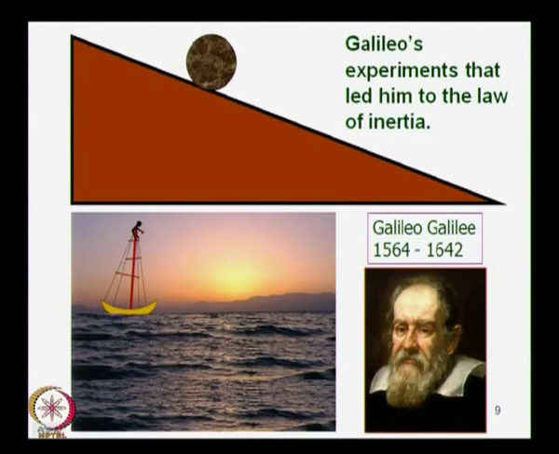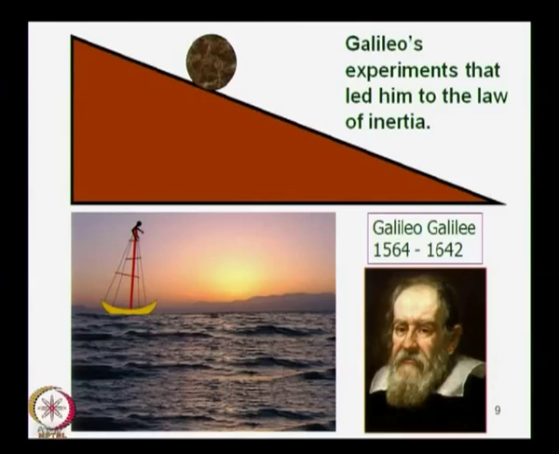So, we need to understand first what is meant by equilibrium, and this understanding really comes from Galileo, who was a great experimentalist, known as the father of experimental physics. And what he did was to carry out very fascinating experiments. He would take various wooden balls and roll them down inclined planes with different angles, and then observe the motion and how this motion would change depending on the angle of inclination.